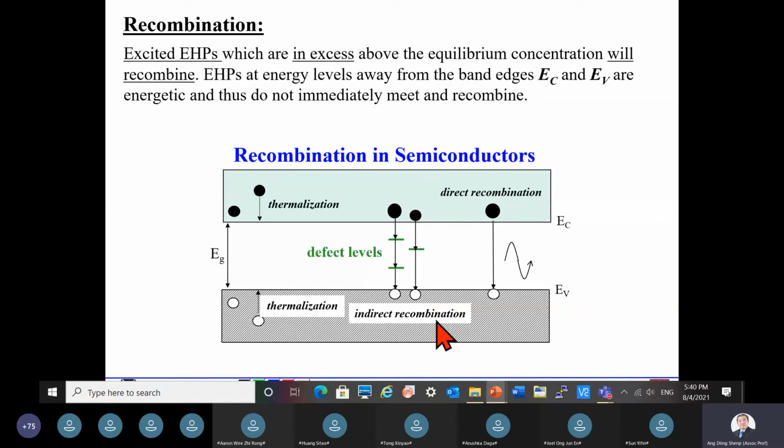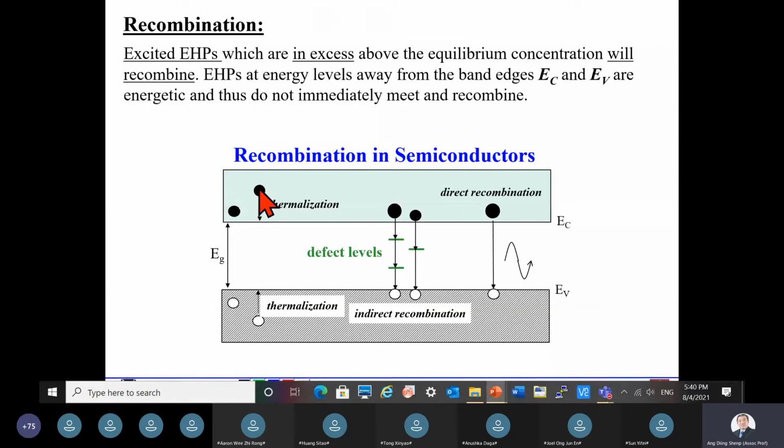Now, there's one point I want to bring to your attention: before recombination can happen, a process known as thermalization must first occur, especially when the electrons and holes involved are energetic. Now, what are energetic electron and hole?